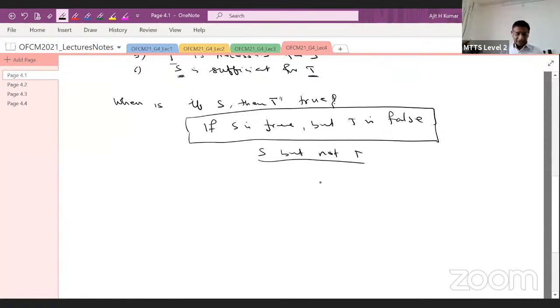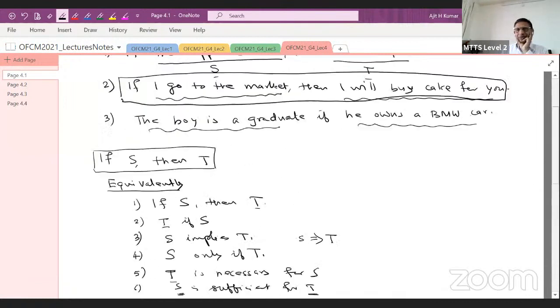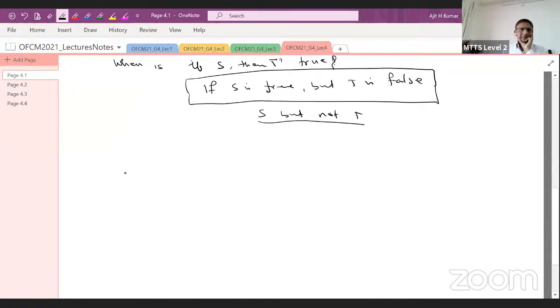Now somebody was just saying it is if and only if. If I just look at the first statement, what was the first statement? If the apple is red, then it is ripe. And many times you have to say what is the converse of a given statement.